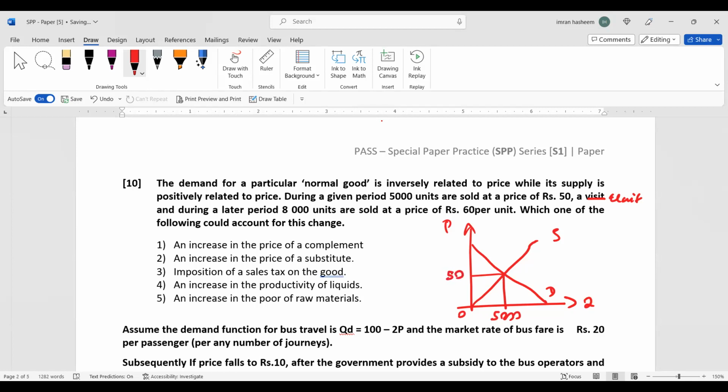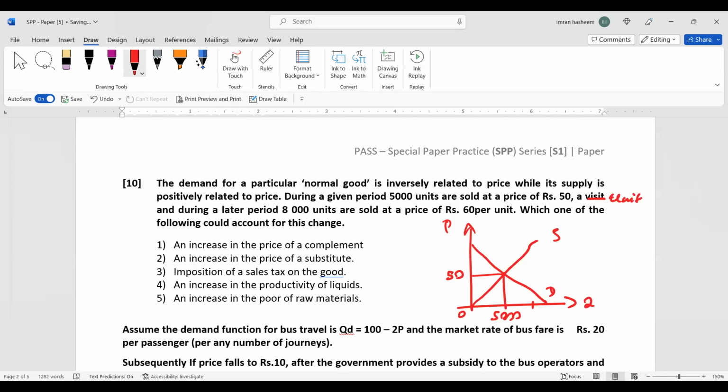Then what has happened is that later on, 8,000 units are sold. So from 5,000, we have to go to 8,000, so quantity has to increase and the price has to increase as well, from 50 to 60.